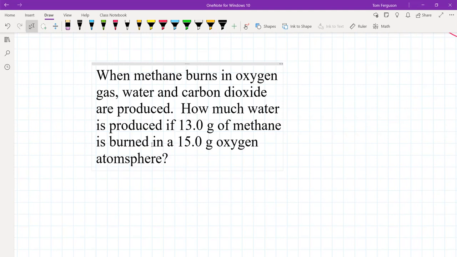How much water do you produce? What's the given here? That's one given. Yeah, we've got two givens. Now this is going to complicate things a lot.